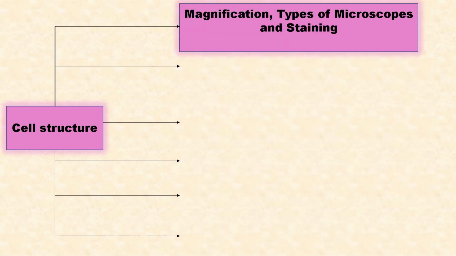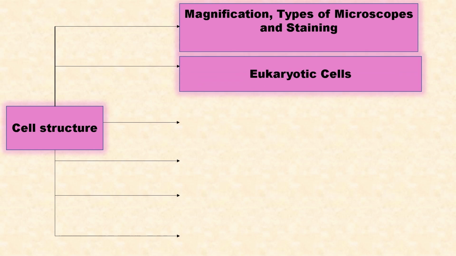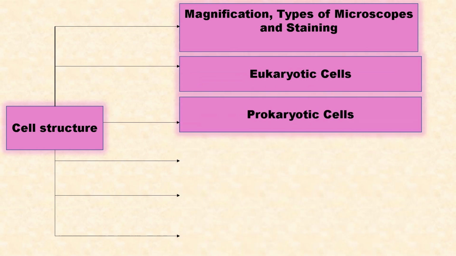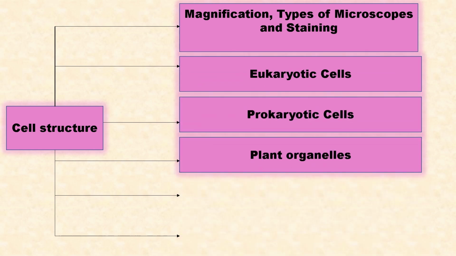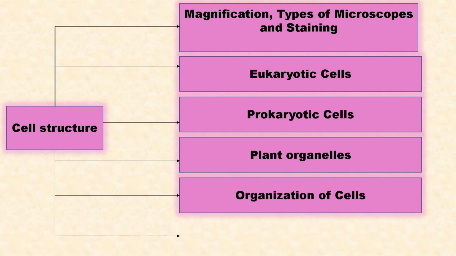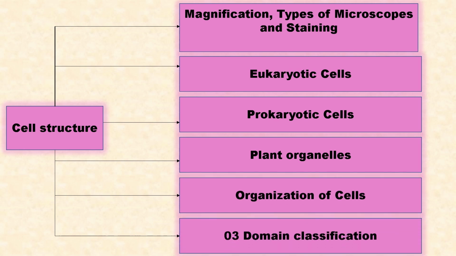I've broken it down into subcategories based on past paper questions. These include magnification, types of microscopes and staining, eukaryotic cells, prokaryotic cells, plant organelles, organization of cells, three-domain classification.